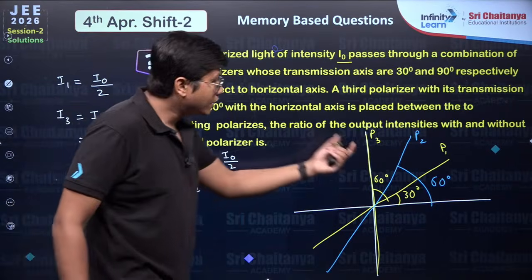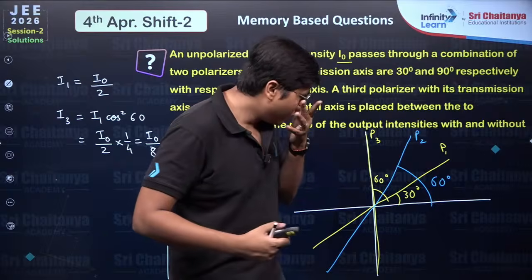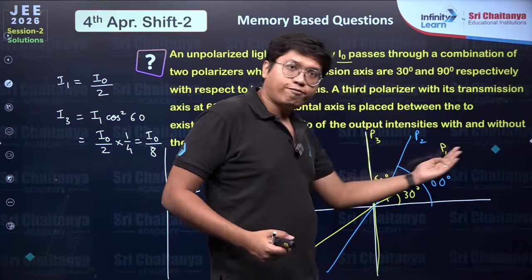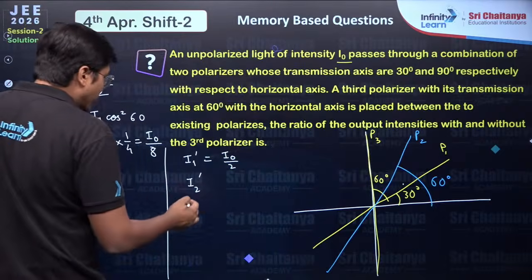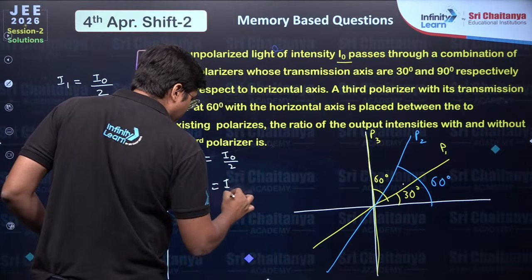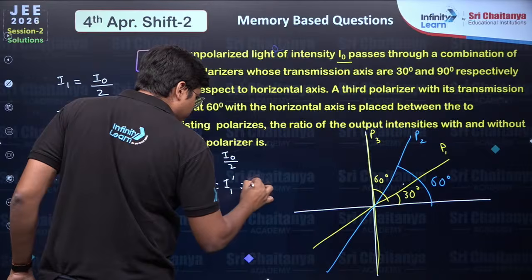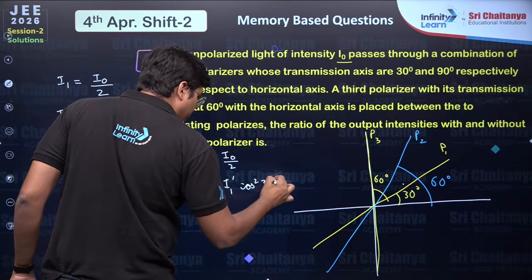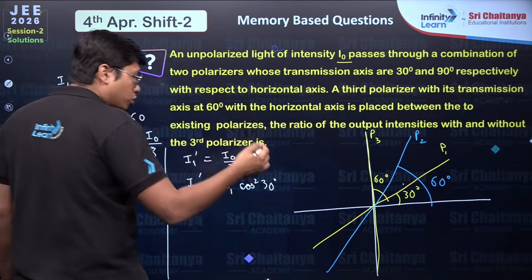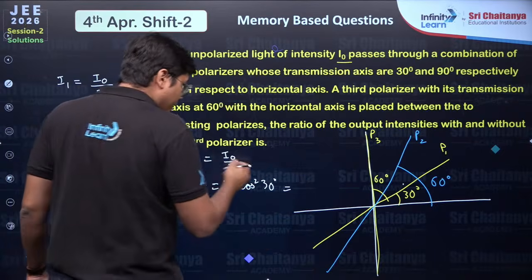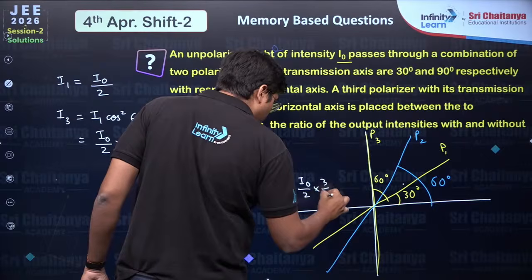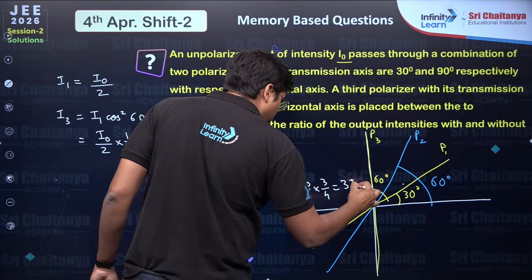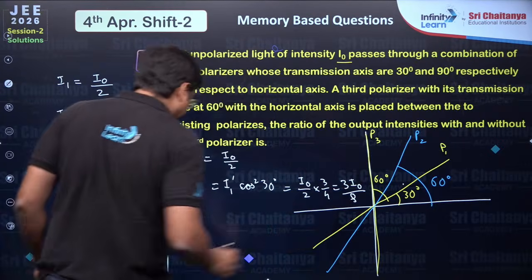Now, after passing through the second polarizer, remember, with regards to the first optic axis, the next polarizer is at 30 degree. So I2 dash is I1 dash cos square of 30 degree. Cos 30 is root 3 by 2, square of that is 3 by 4. That is I naught by 2 times 3 by 4, which is 3 I naught by 8.